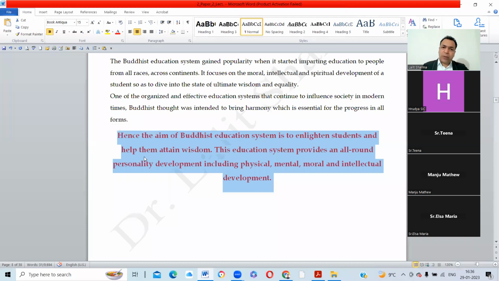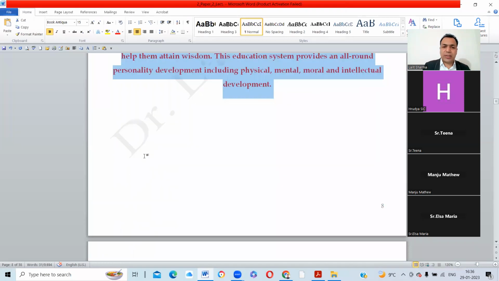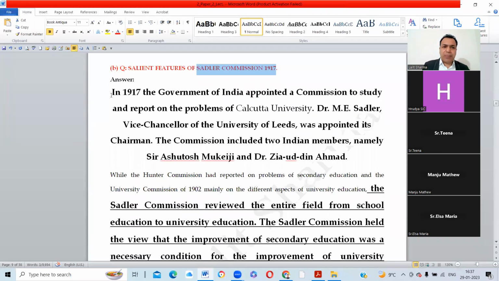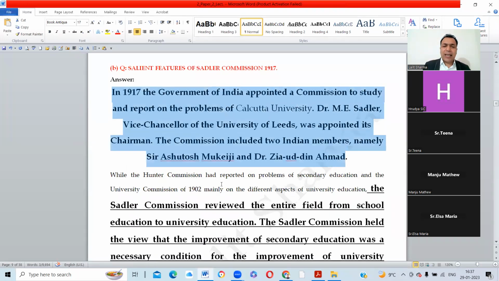So guys, you can see that, long back, these were the recommendations of the Buddhist education system. The next question, one more question has come, on the Sadler Commission 1917, right? Basically in 1917, the Government of India appointed a commission to study and report on the problems of Calcutta University.